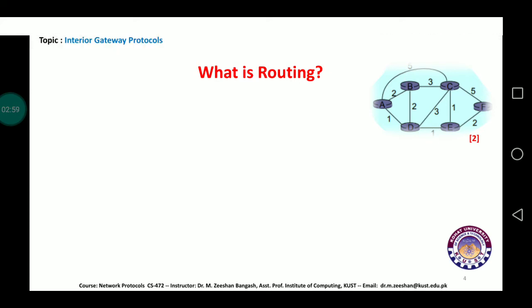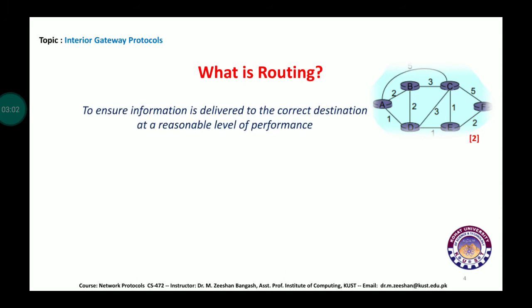About routing, the main concern is to ensure that the information or the data which we want to transmit is delivered to the destination at the level of performance which we are expecting.